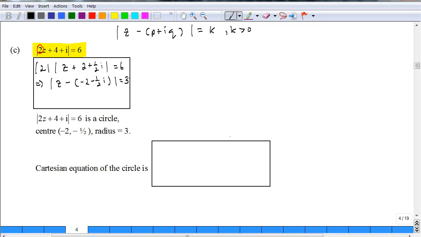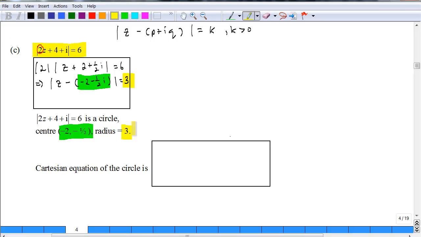So it is obvious from here that the center of the circle is given by (-2, -1/2), and the radius of the circle is given by 3, as you can see in the equation.